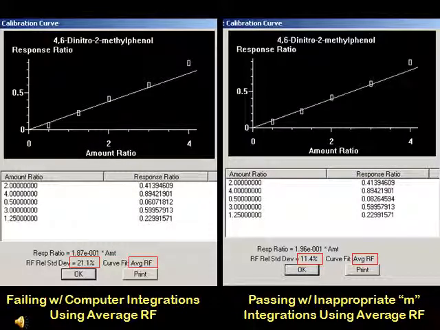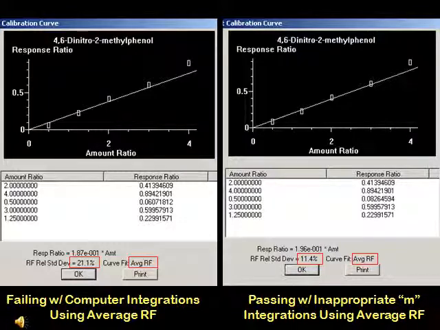In this final example, we will show that a lab's analyst chose to inappropriately manually integrate a compound to make the calibration curve appear to meet the method criteria, rather than simply applying the correct calibration model. The first calibration curve shows the lab's original calibration standard data before manipulation, which shows a RF relative standard deviation of 21.1%, which fails the method requirement of 15%.